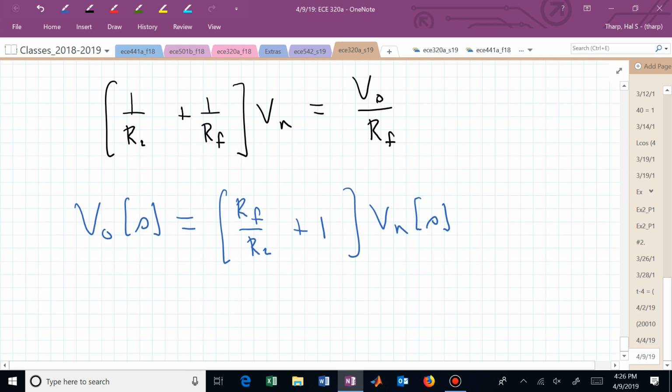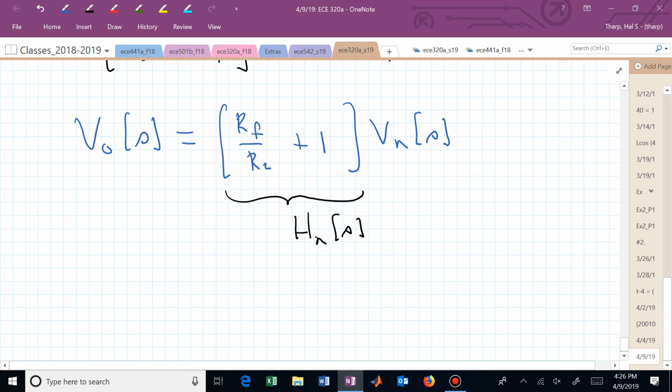There's another transfer function between v sub n and v sub 0. Let me call this h sub n, since it was associated with the inverting terminal of that subcircuit.